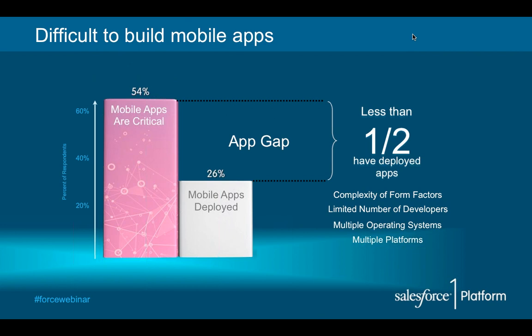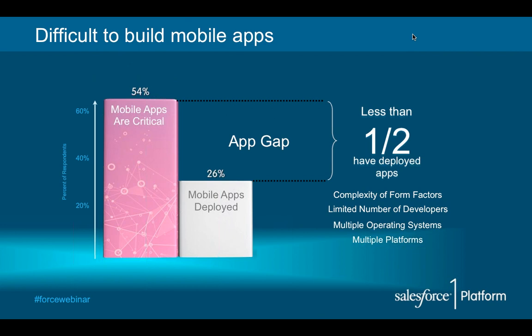So only half of the companies that want to go mobile can actually go mobile. And the reason for that is it's not easy. We have today various devices. We have Android devices, we have iOS devices, which you need to build custom apps for, often in native languages.